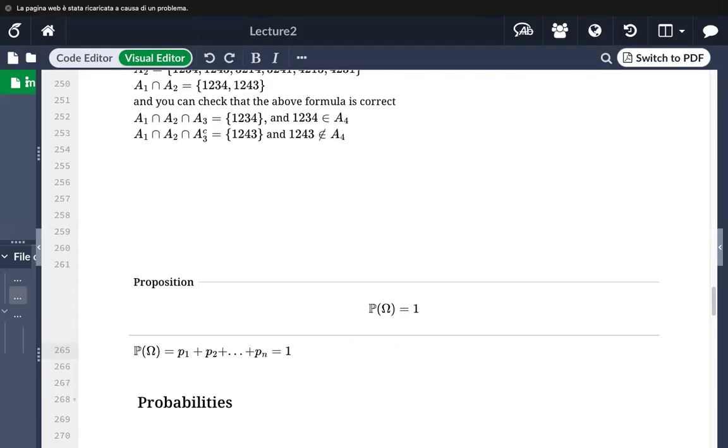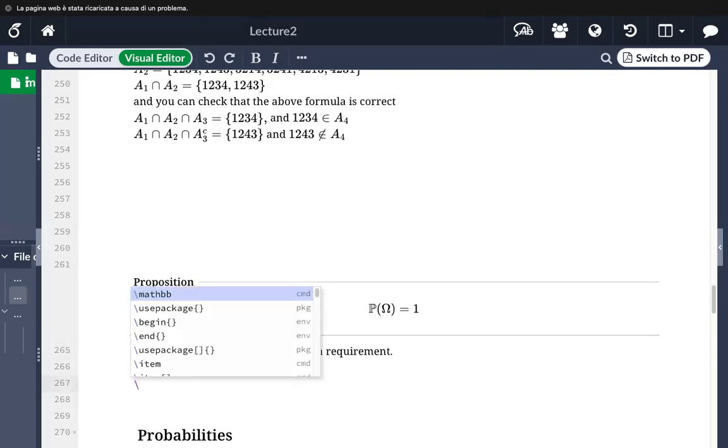So this was a requirement. And this explains also why we did require this property.